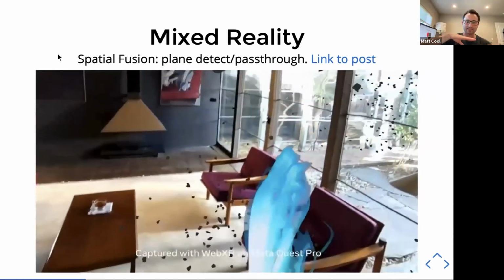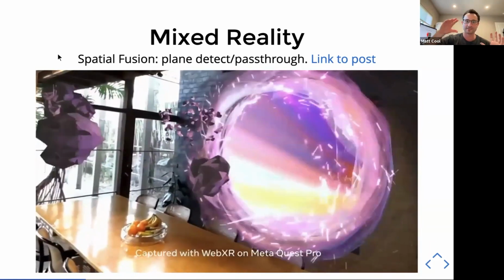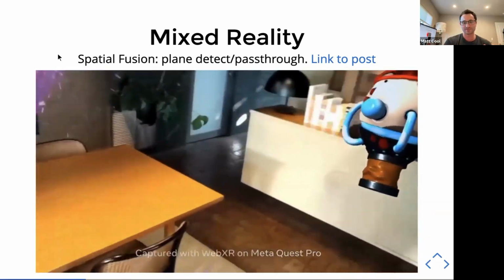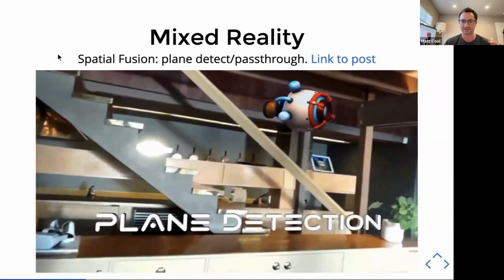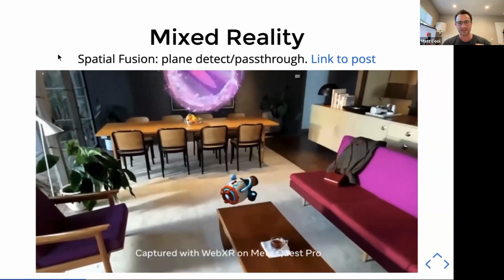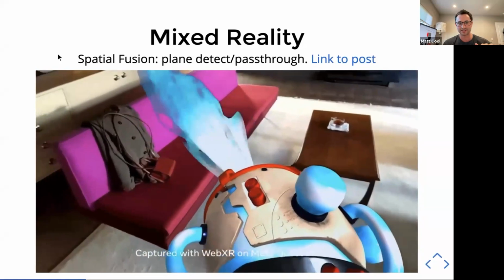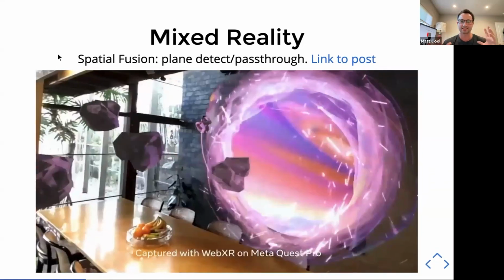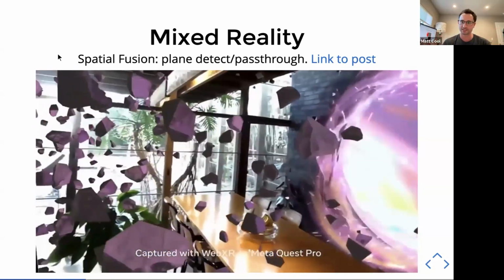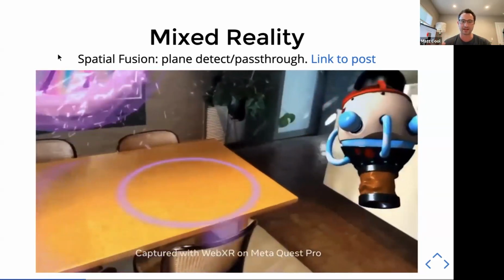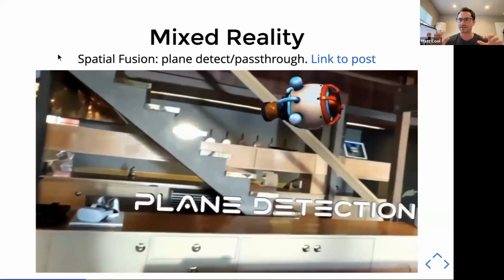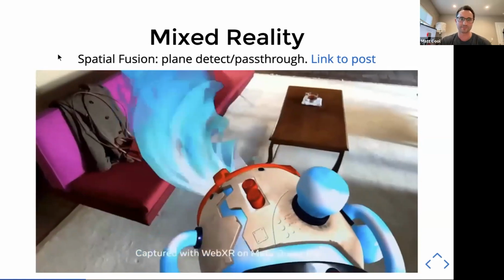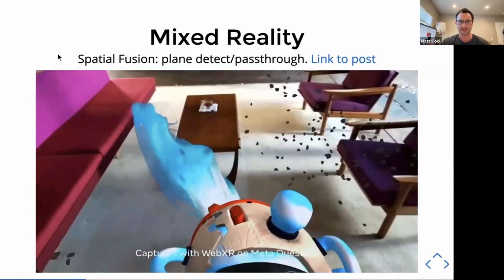So now we have an idea of where objects in the room are, and the virtual things can interact with the real-life things. This just came out at the end of this past year, and it's still very bleeding edge and experimental. Not a lot of it is standardized, but the concepts are that virtual things can interact with the real world, and things can know where they are supposed to be, spatially anchored to the real world. And then just thinking about all the possibilities there as well.